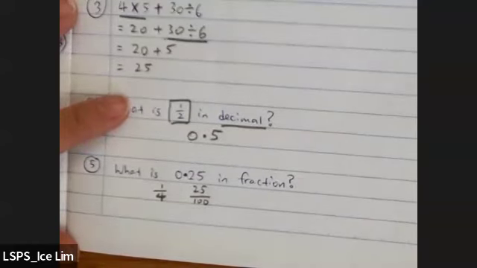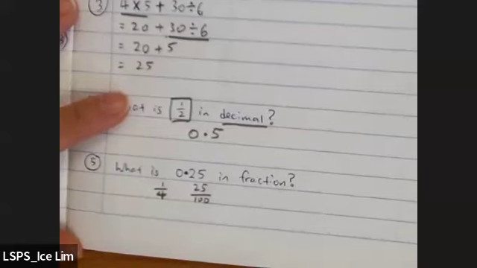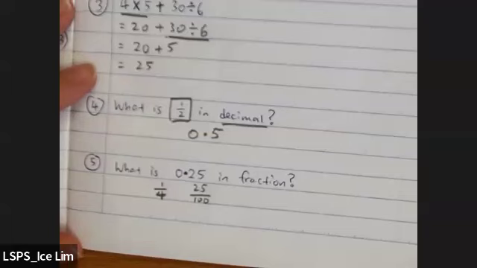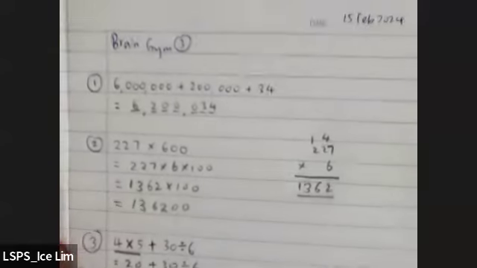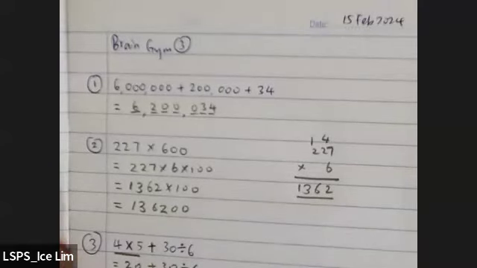Three correct, 1 stamp. 5 correct, 2 stamps. Please mark out on your handbook now. May I ask, question number 1, who got correct? On 34. We need to 34.